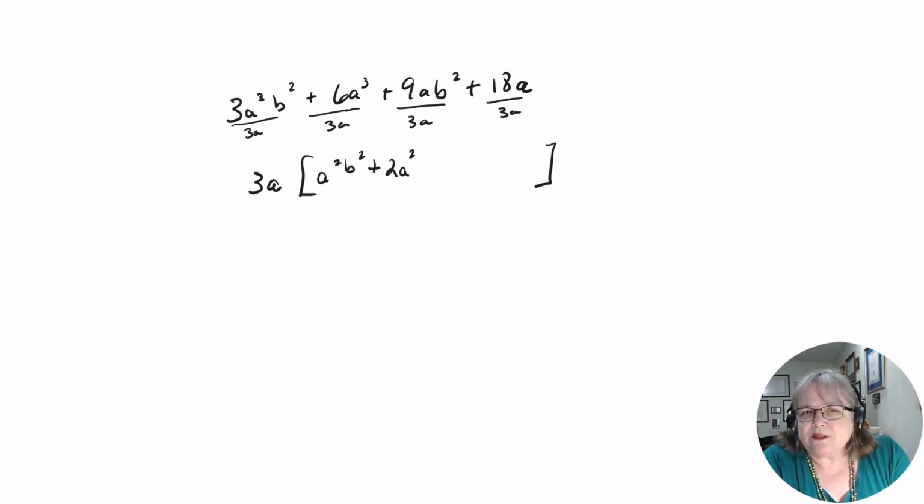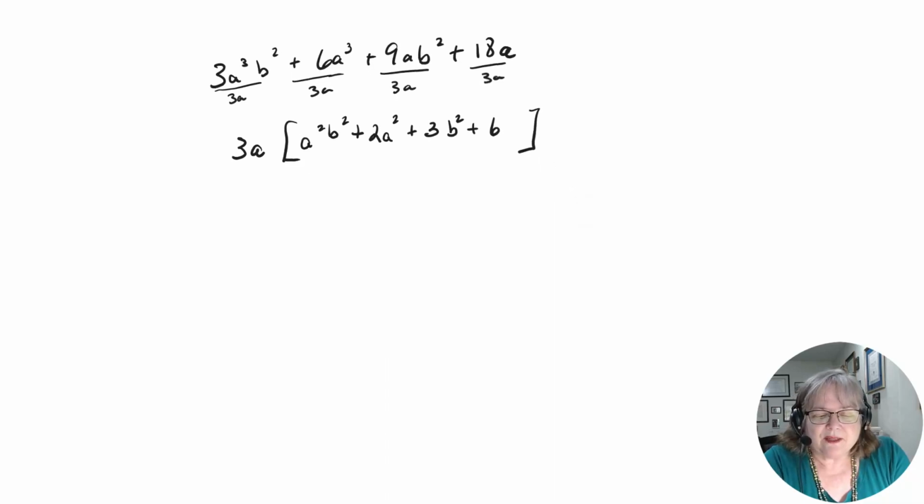Maybe that would help you to decide what's going on with the powers. So 9AB squared divided by 3A would be 3B squared plus 18A divided by 3A is 6. That's a little better looking, right?